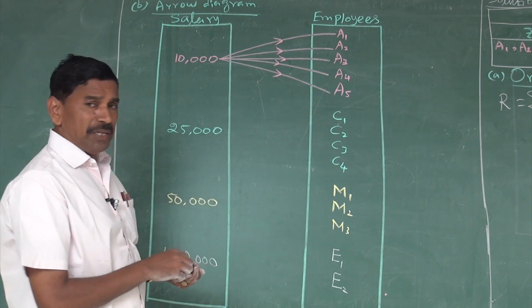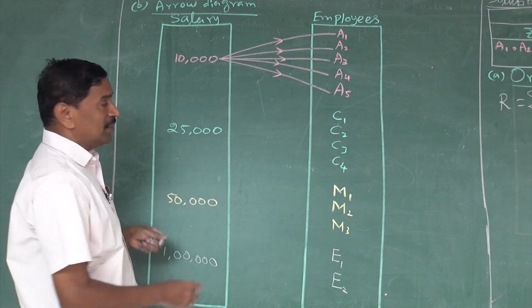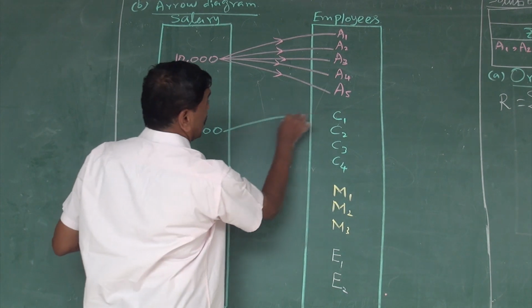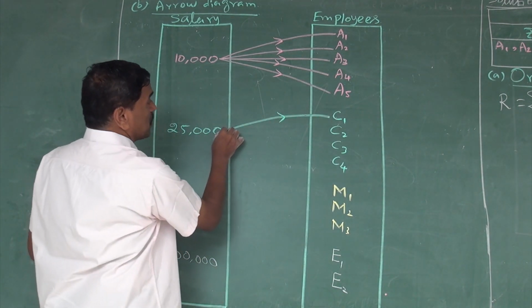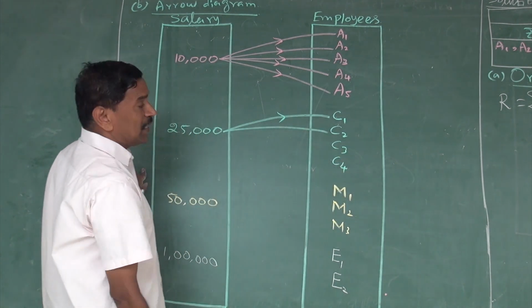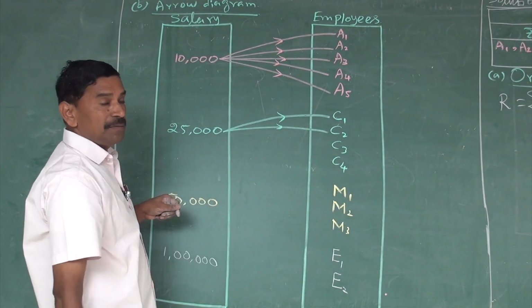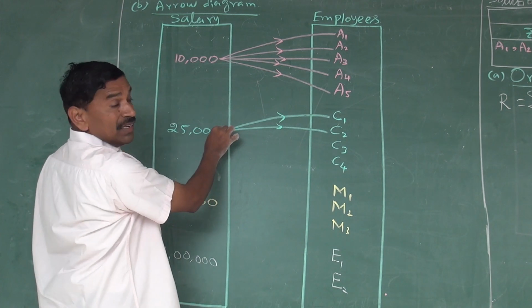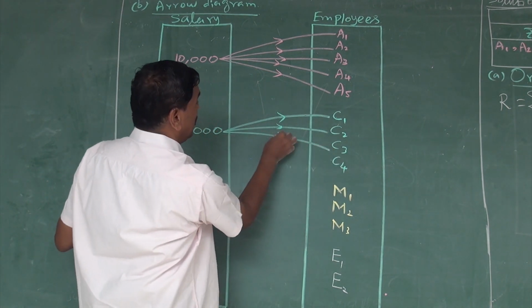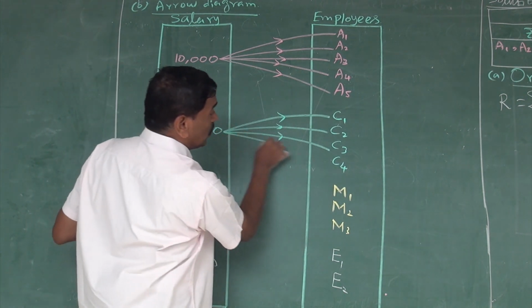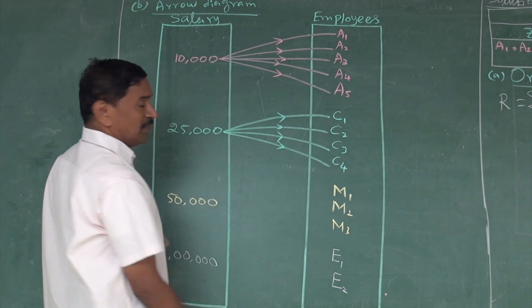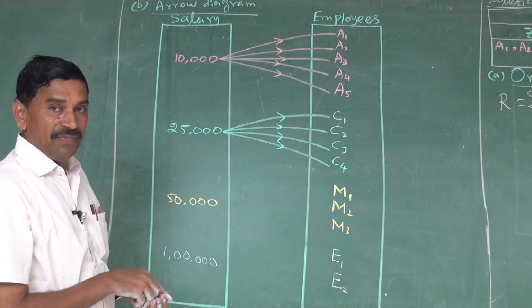Okay, similarly, hereafter do it yourself. Yes, start. Rupees 25,000 is related to clerk 1, clerk 2, clerk 3, and clerk 4. Yes, next, yourself.